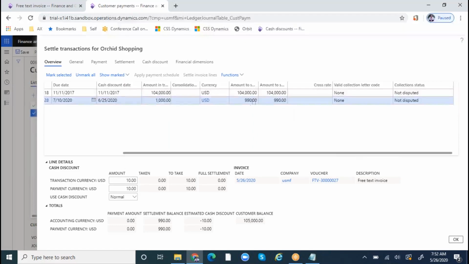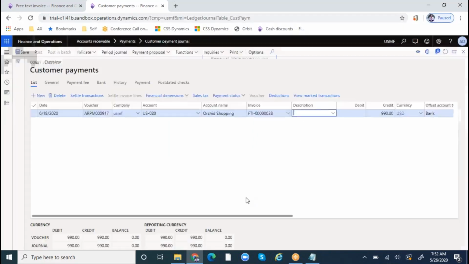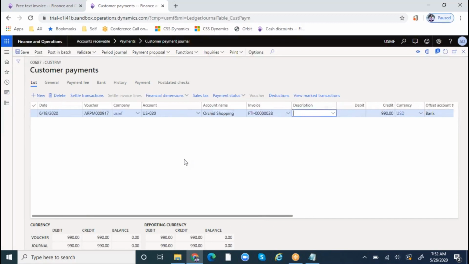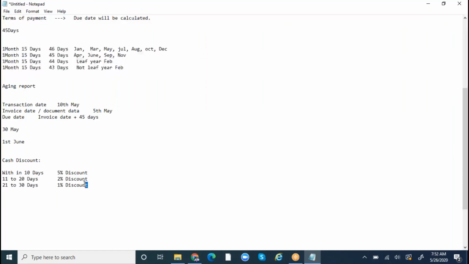Okay, 990. So click OK. Automatically the system is calculating the discount and doing the transaction. Get my point? This is based on the cash discount terms you have mapped.